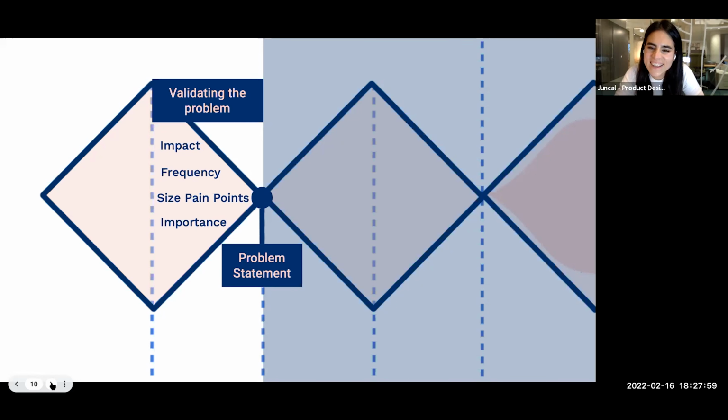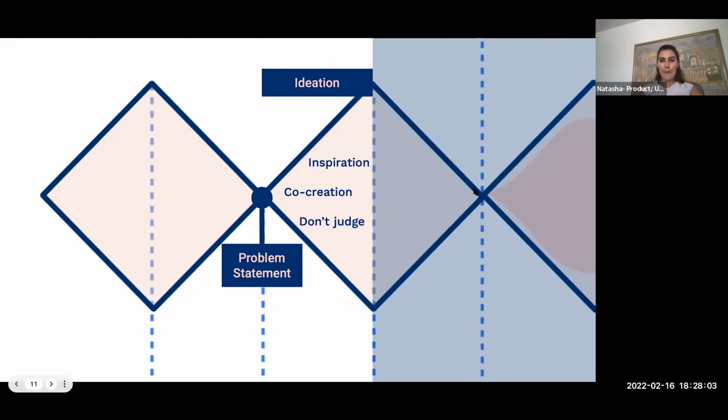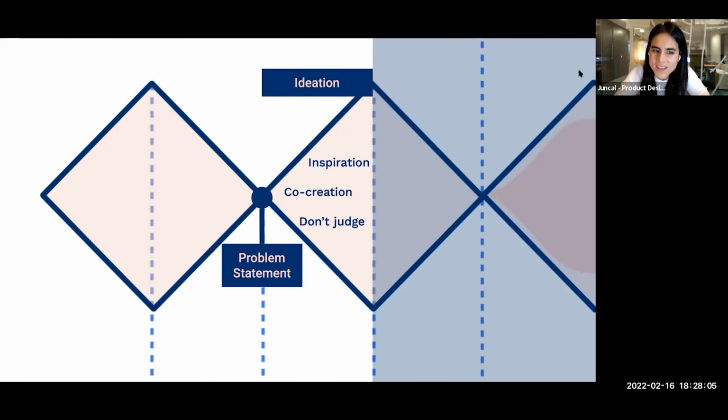Yes. Moving to our next phase. Exactly. So right after exploring the problem space, we will start exploring the solution space, which is the second diamond. And here we're still, as Matt explained at the beginning, trying to solve the right thing. But we should not be obsessed here with finding the one right solution.